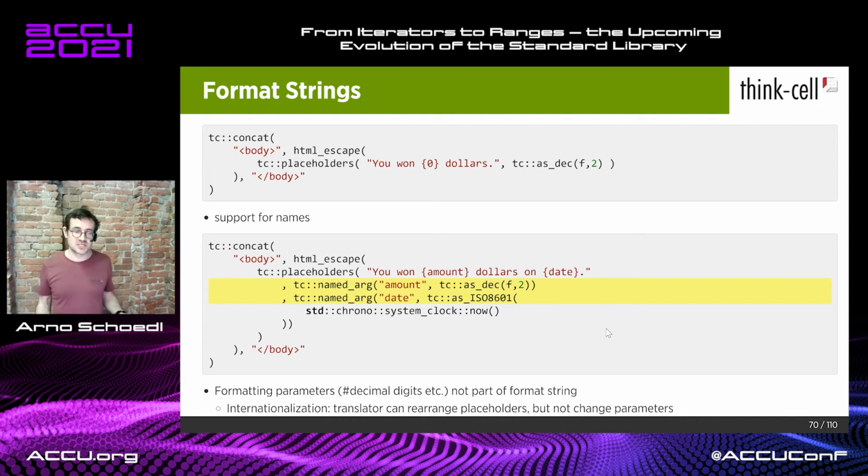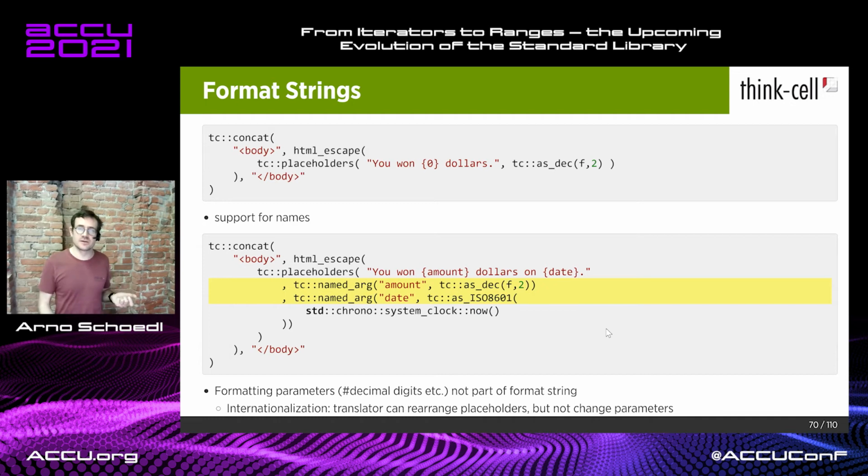But when you're doing internationalization, the translator usually needs the power to change around placeholders, because some languages may have things in a different order. And then he needs to move things around, maybe swap things. But usually what you don't want the translator to do is influence how things are printed.